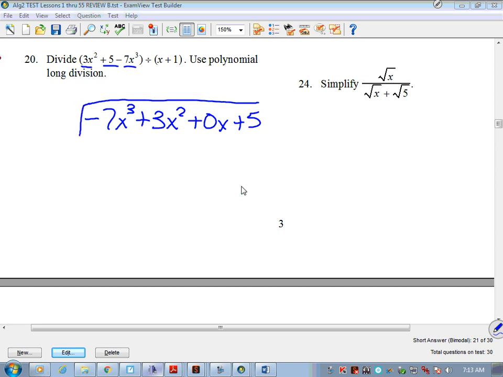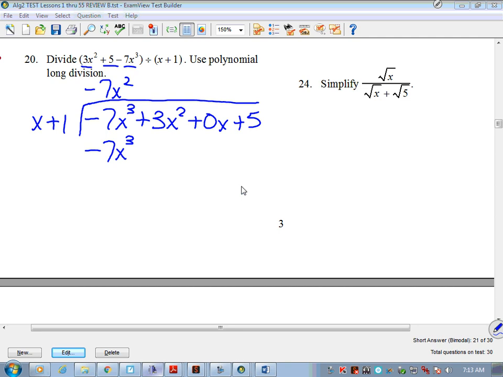And I'm going to divide by x plus 1, and we could use long division. It does say solve using long division, so we'll do it. But then I'm going to show you how to use synthetic division on this question, which is going to be a little bit quicker. x is going to go into negative 7x cubed, negative 7x squared times, which is going to give me that negative 7x cubed.